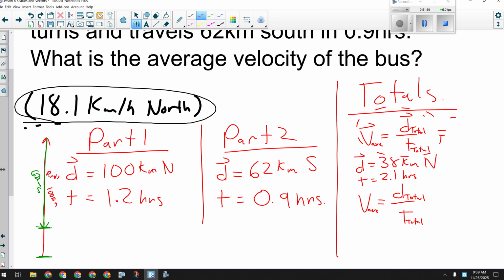So 38 kilometers north divided by 2.1 hours. That's going to give me 18.1 kilometers per hour north. Okay, remember, velocity is a vector quantity, so it also needs a direction.